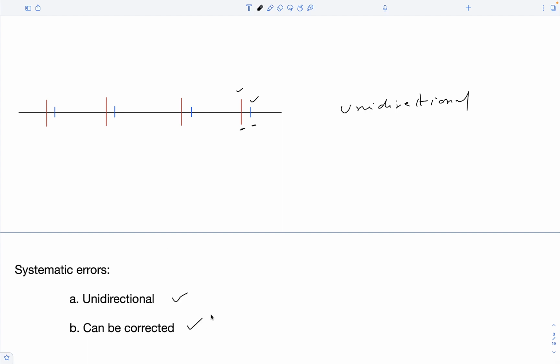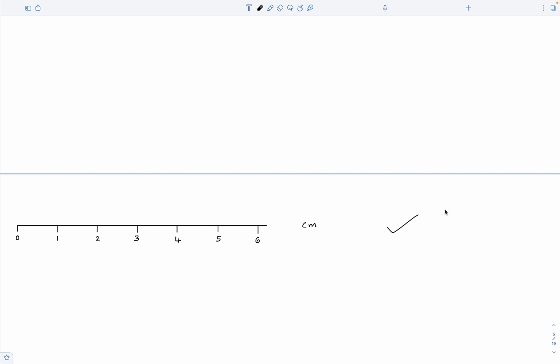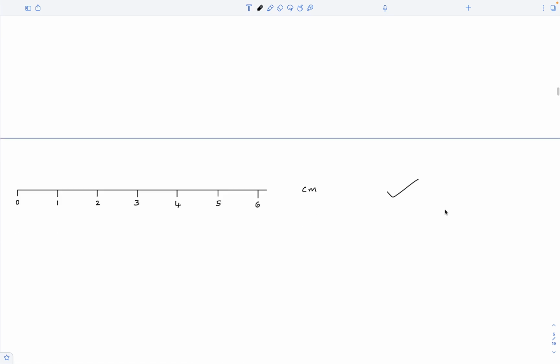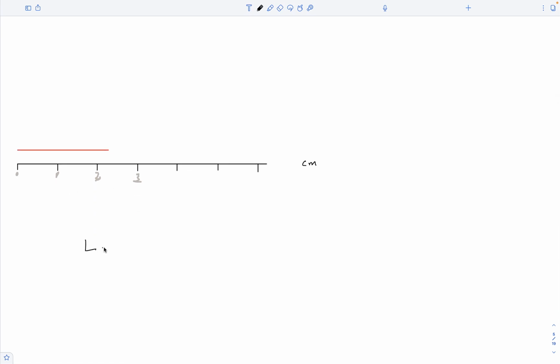Say finally I found a scale that is free from all defects, and when I measured the length of the same line using this scale, I found its length to be 3 dot something centimeters, because to me this number appeared like a 3. And obviously this measurement is also wrong.